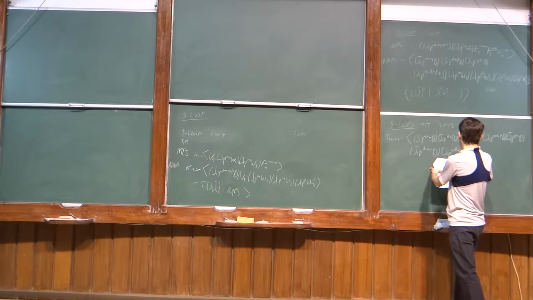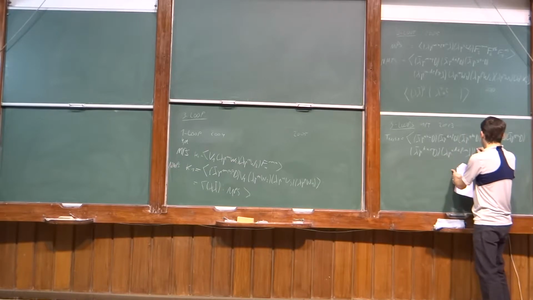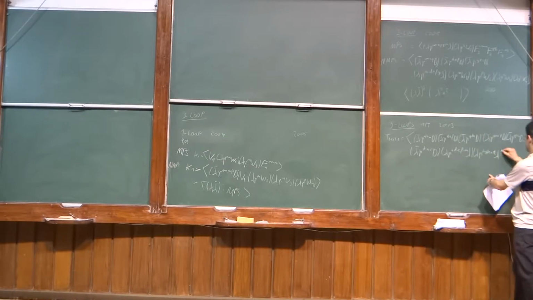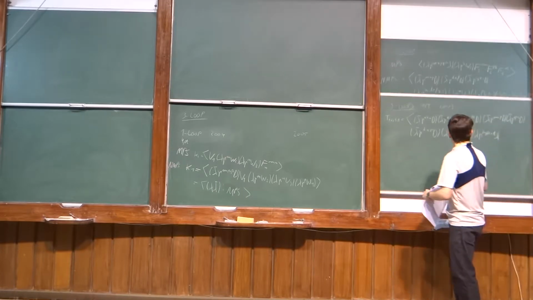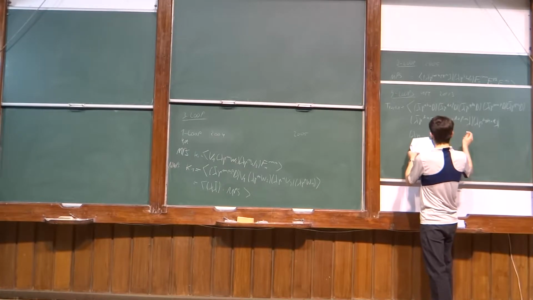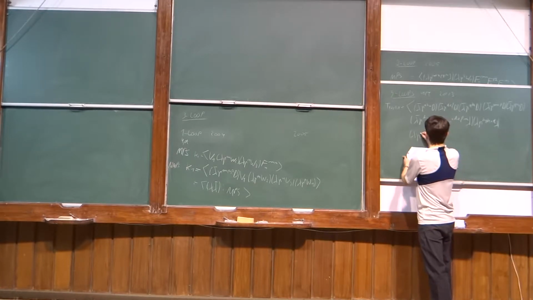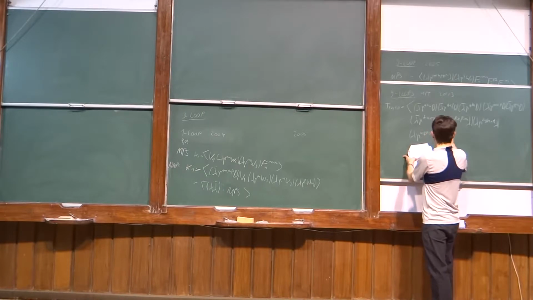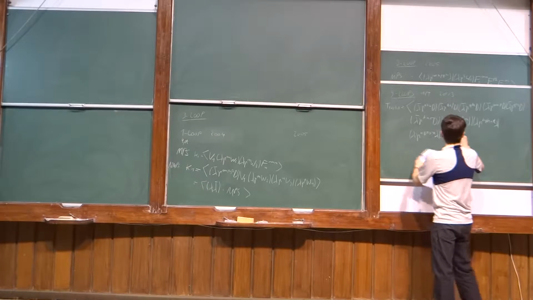A, T, E, F, N, lambda, gamma, B, G, E, I, T, lambda, and another 5, 4, it's U, Q, R, S, N, lambda, and then finally the superfield.